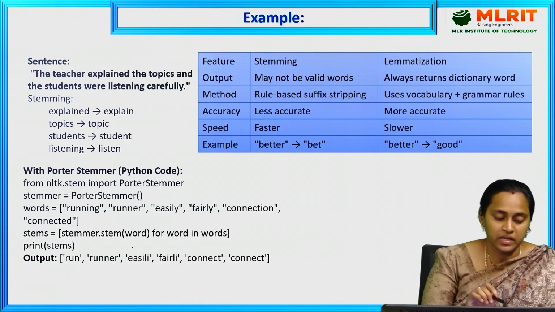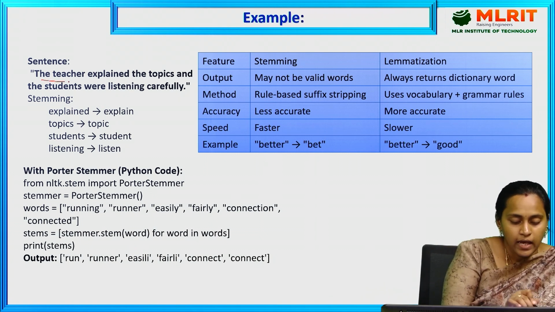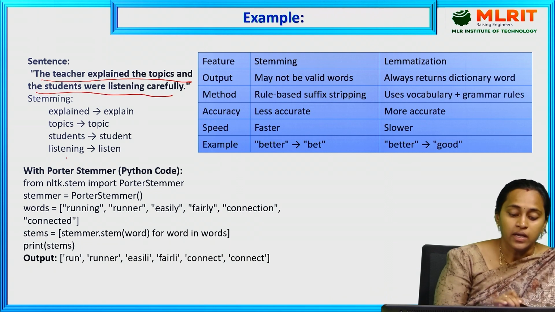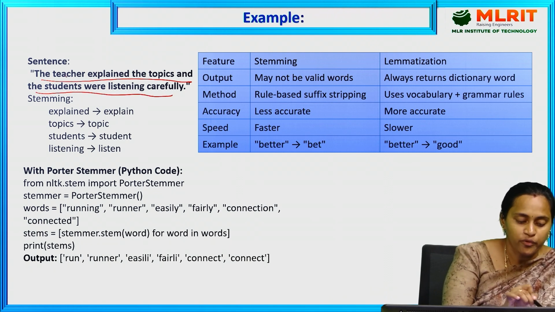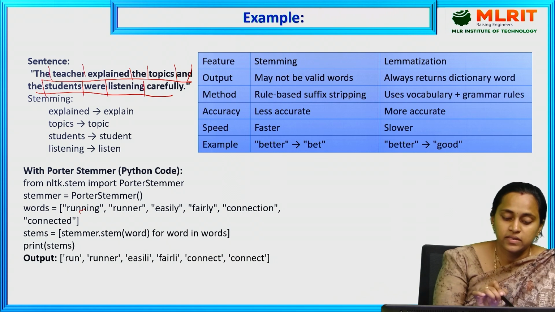Let's see a real-time example. We are taking a sentence: The teacher explained the topics and the students were listening carefully. The sentence contains a number of tokens, right? First, we divide the sentence into tokens.